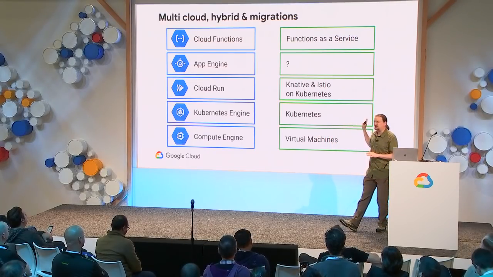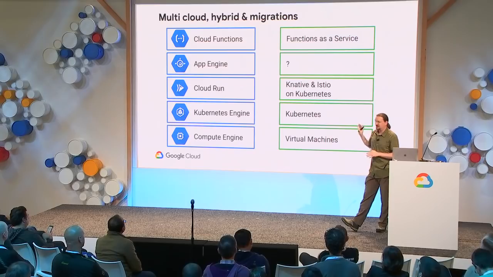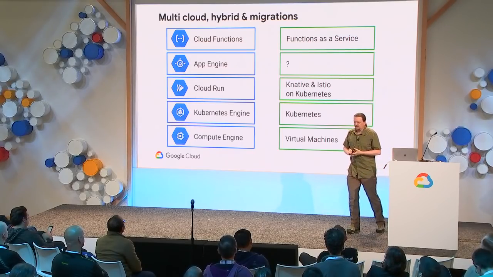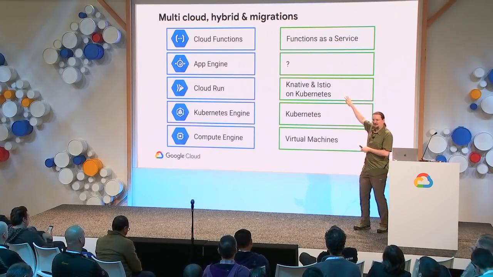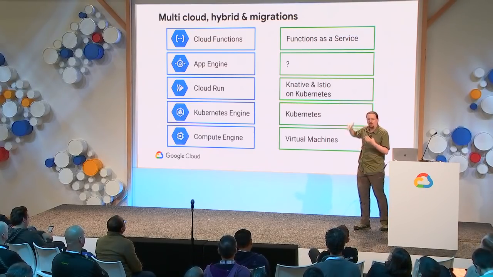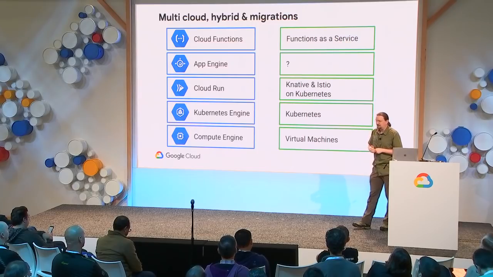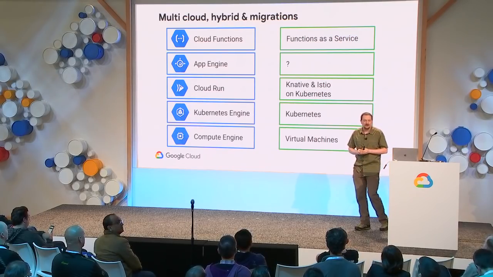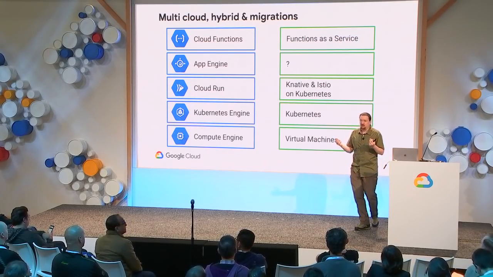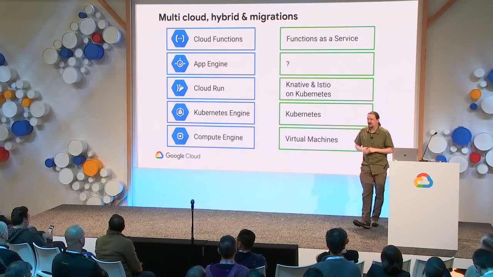So some balances there. I attempted to make a map of how you might do similar things in other places. For functions as a service, I think all the clouds and lots of open source environments have a way to run functions. I struggled a bit to find a clear equivalent for App Engine, maybe something like Cloud Foundry or AppScale, an open source App Engine-like environment.